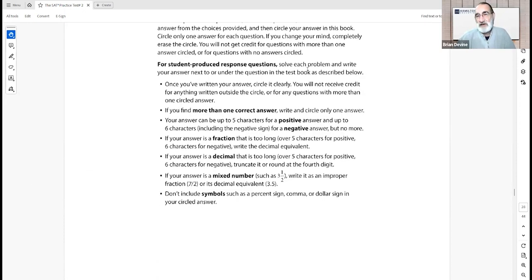You'll be taking the test online when you actually take it, but you want to make sure that you know this rubric for how to enter the problems. So I guess you can edit that in as an intro to the math. Now let's get to the problems.